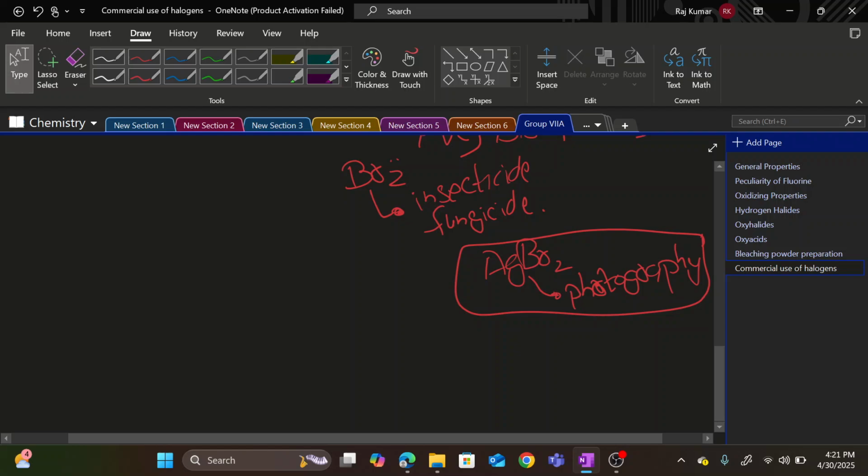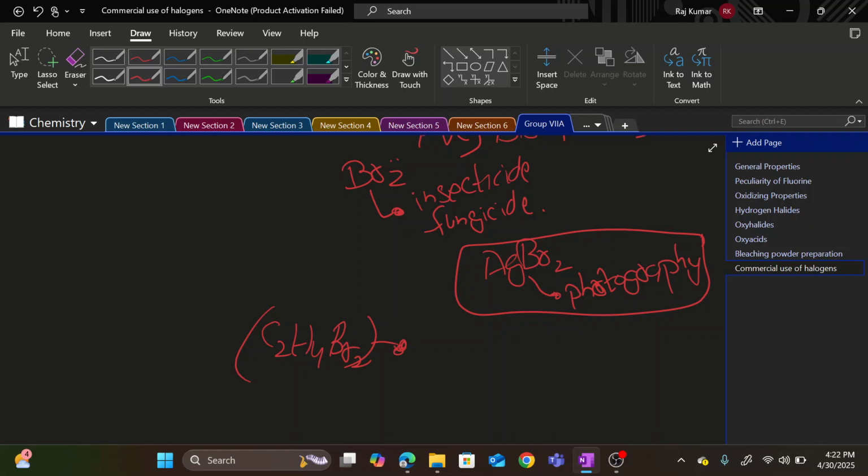And we have a compound known as ethylene bromide. We basically use ethylene bromide in the engine because it mixes with the lead containing gasoline to make the engine free from lead.